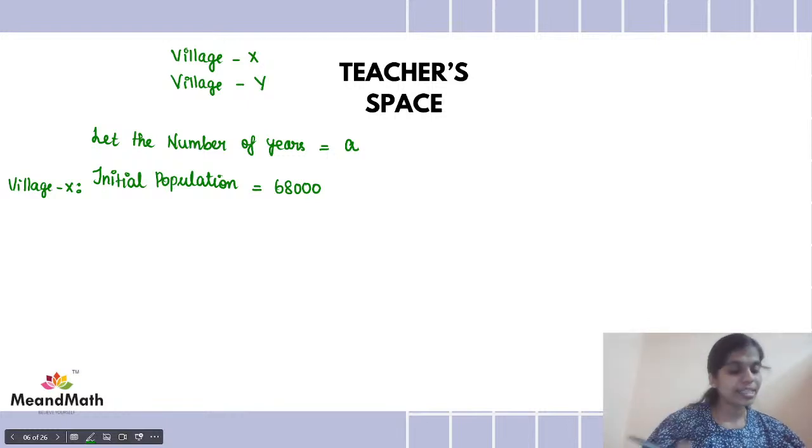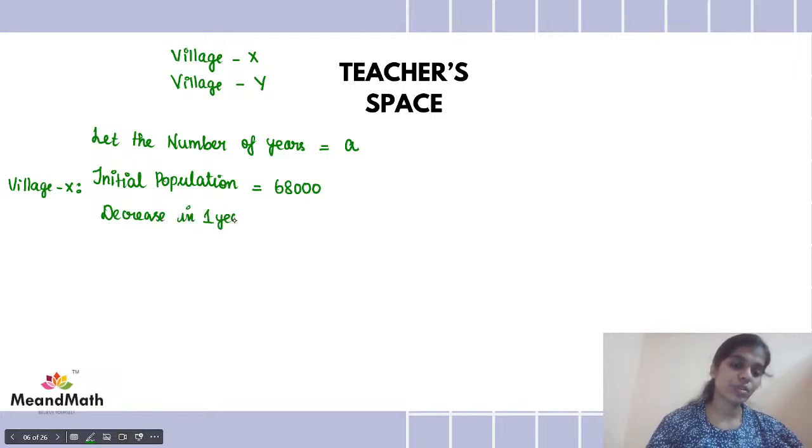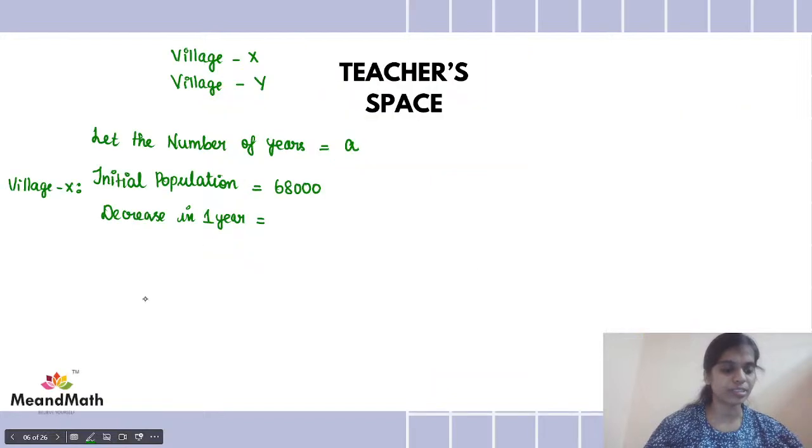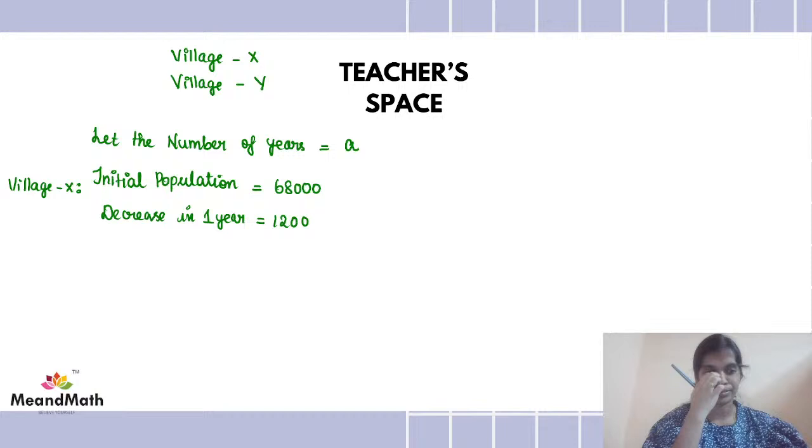Village X. And decrease in 1 year. It is also decreasing, right? Decrease in 1 year equals, how many is it decreasing? 1,200. Right? So, decrease in A years.